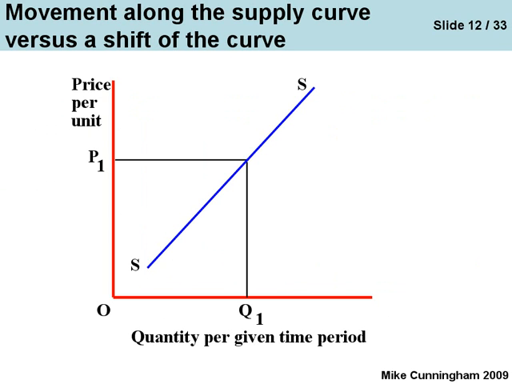Now if we change the price to P2, P3 or whatever, then we would simply read off the associated outputs for each price. We would take the line across to the supply curve and take it down to the quantity axis and read off. It's just like reading a graph when you're at school. So changing the price is moving along the curve. We simply slide along the supply curve to read out the associated quantities.